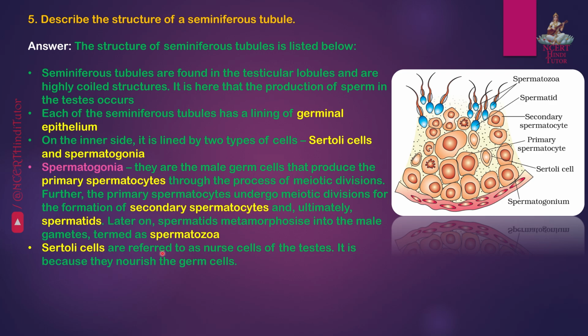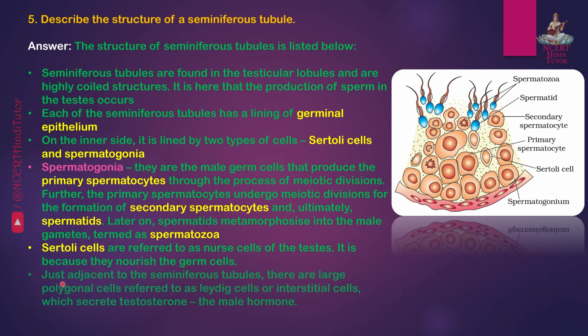Sertoli cells are referred to as nurse cells of the testis because they nourish the germ cells. Just adjacent to the seminiferous tubules, there are large polygonal cells referred to as Leydig cells or interstitial cells, which secrete testosterone, the male hormone.